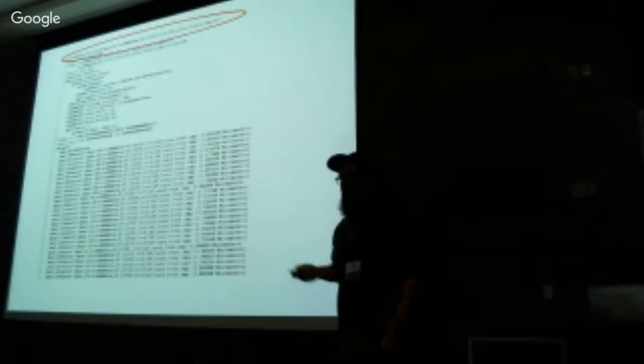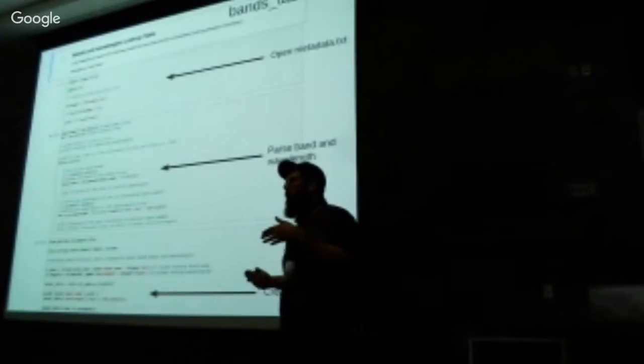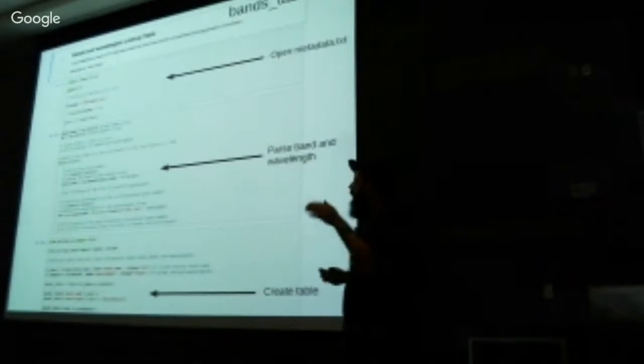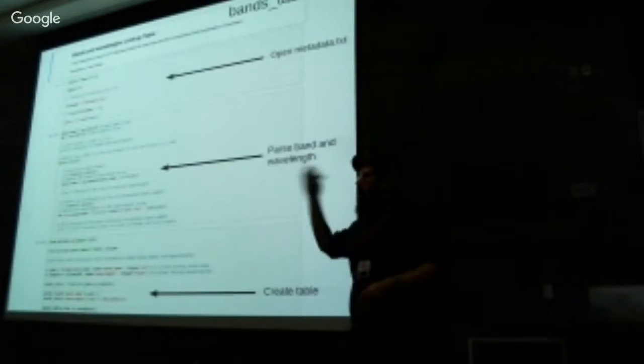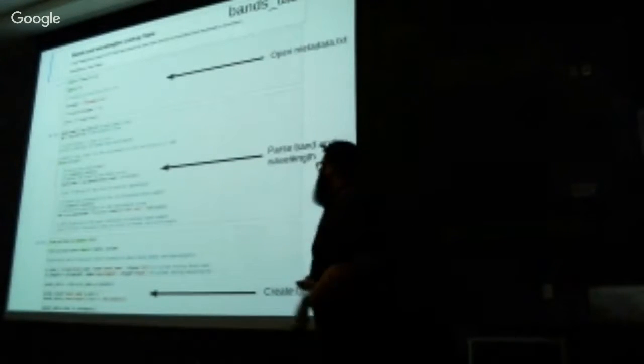It stores that into a metadata.txt file. When you open the first IPython notebook, it will read through this metadata and create a table containing band name and wavelength, a relation between band name and wavelength. And we will use that later on.